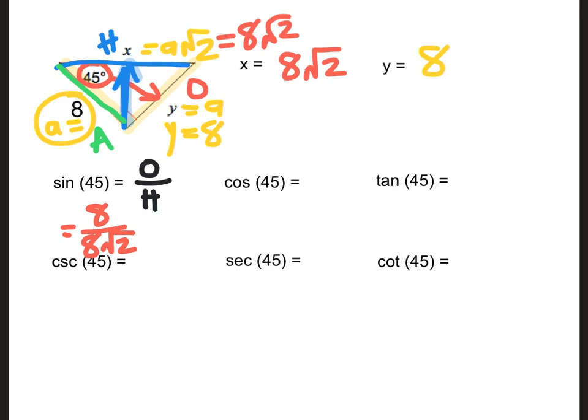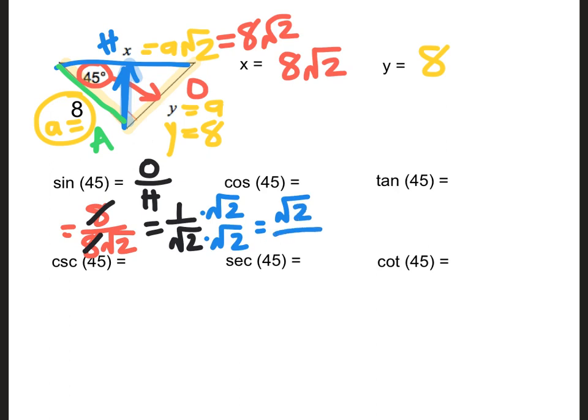You can divide those out. When you do that, they cancel, and you get 1 over the square root of 2. That's a problem because we can't have a square root on the bottom. To get rid of it, we multiply the top and the bottom by the square root of 2. On the top, you get the square root of 2. On the bottom, you multiply inside and get the square root of 4, which is just 2, so I have root 2 over 2.